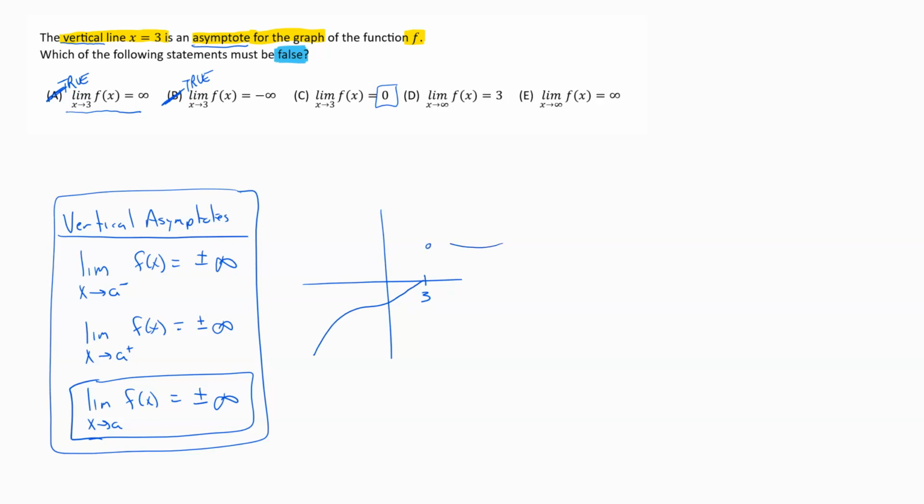I could have the right-hand side doing something like this at 3, so this would still be a vertical asymptote. But because this is an overall limit, both of these values have to head to 0. And so this is the one that is absolutely 100% false. It's weird, right? When it's false, it's the good answer on this one.